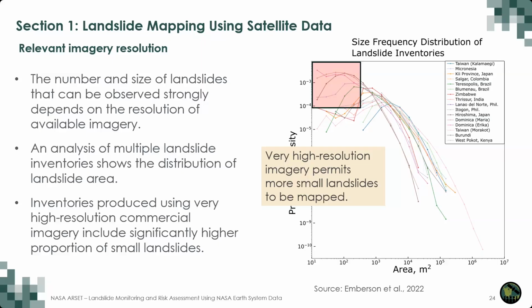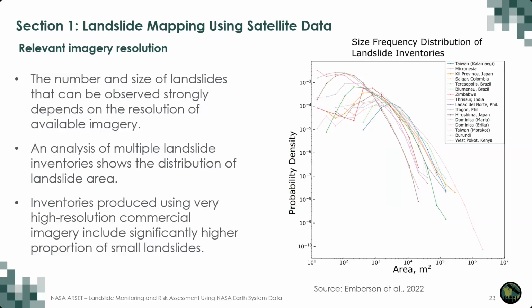Those are really small landslides, at least from an optical Earth observation imagery perspective. This higher resolution imagery certainly means that we can see a larger proportion of those small landslides. And then when you have access only to coarse resolution imagery, you can see in some of these points that what we refer to as the rollover in these distributions is at a much higher area.